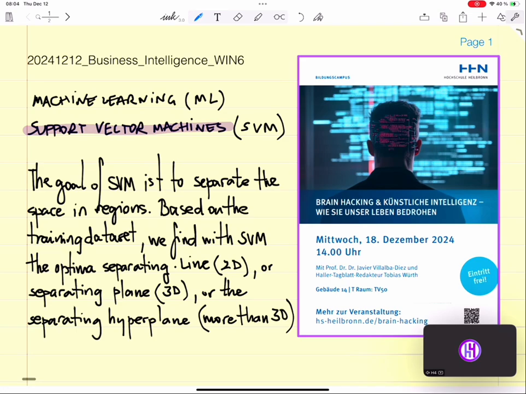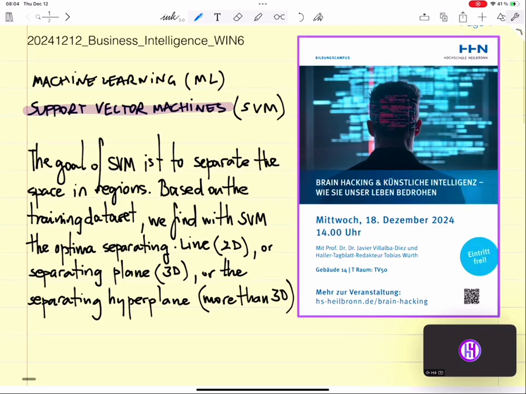The problem with more than 3D is that we cannot paint it, okay? That separates the space in regions.